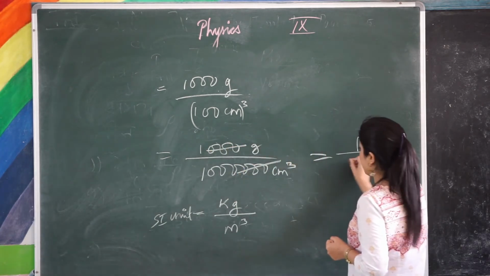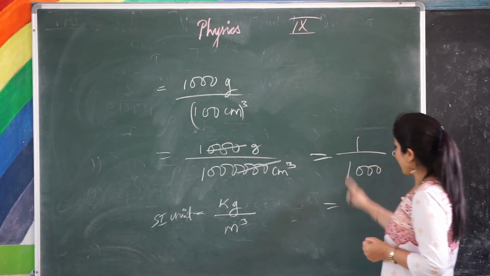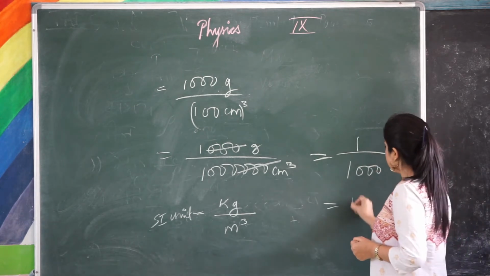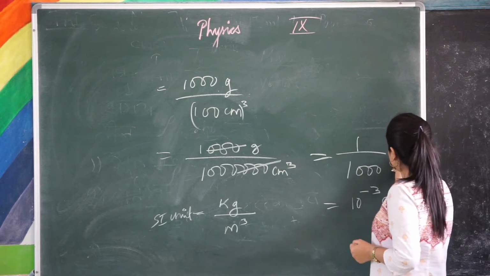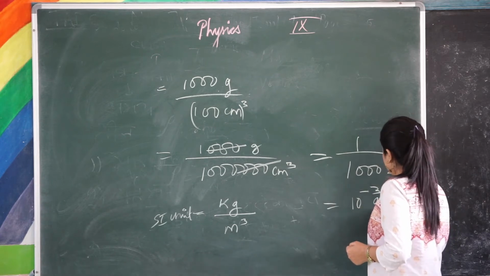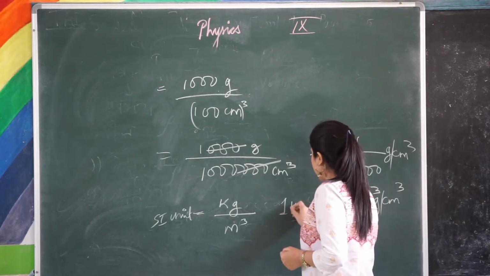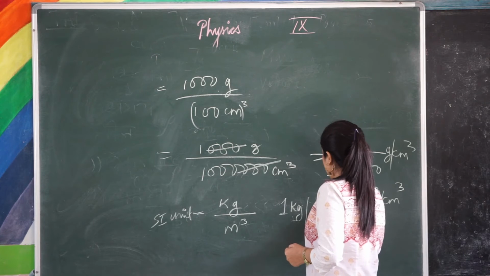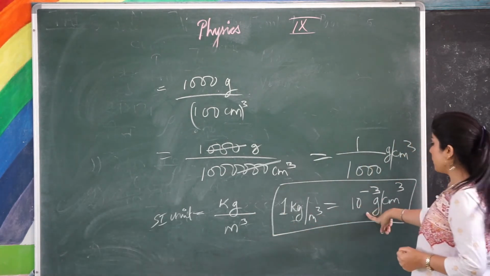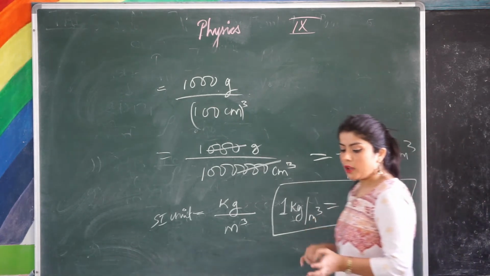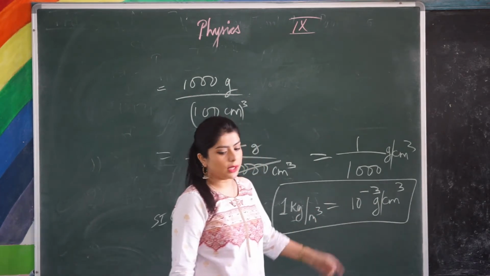So ultimately it is 1 by 1000 gram per centimeter cube, or 1 by 1000 we can write as 10 to the power minus 3 gram per centimeter cube. So 1 kg per meter cube is equal to 10 to the power minus 3 gram per centimeter cube. This is how we convert from SI to CGS unit.